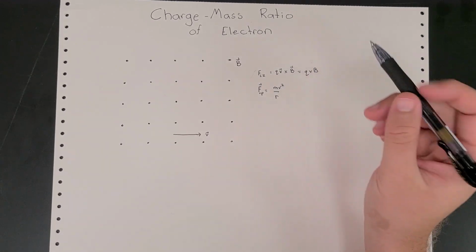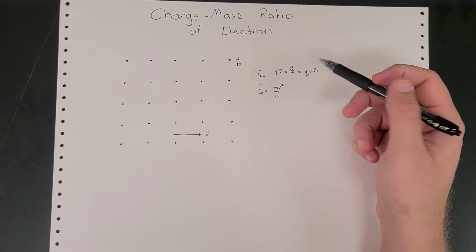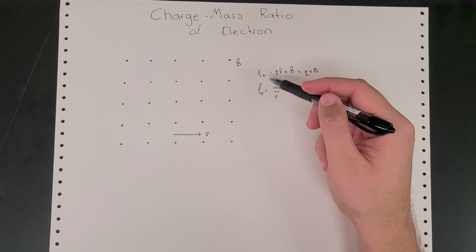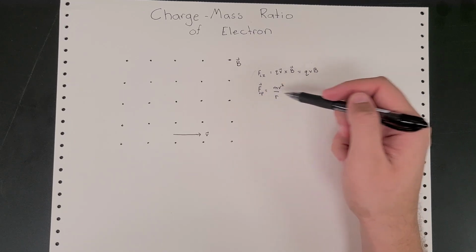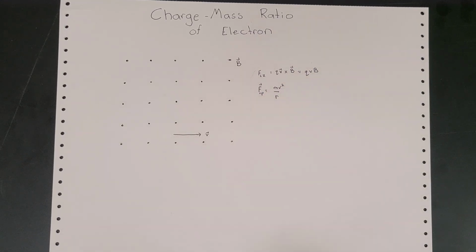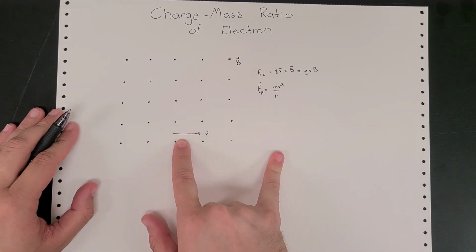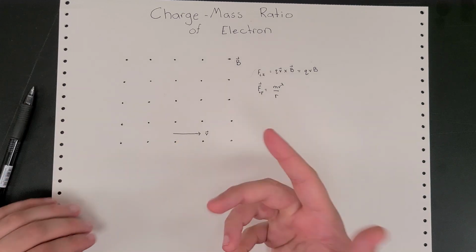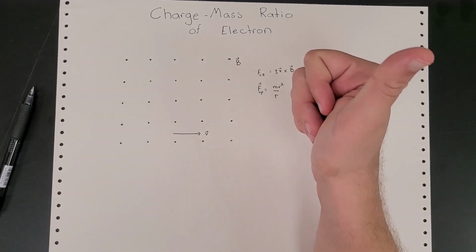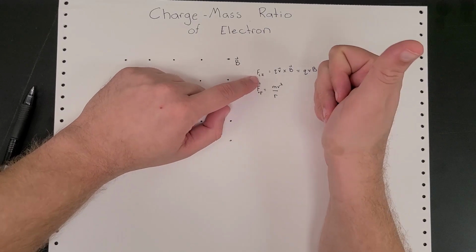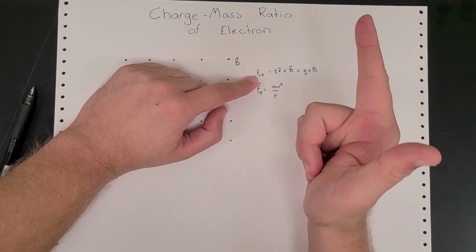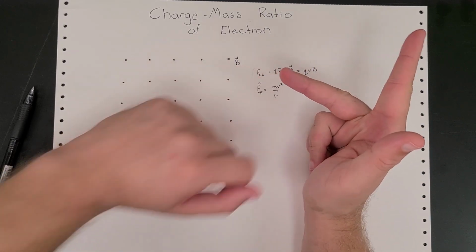Now what we want to look at is how we can relate this Lorentz force to another known force, which we call the centripetal force. So let's see what is the direction of our force in this particular example. We're going to use our right hand rule, and remember, your thumb is the force, V is your index finger, and B is your middle finger.